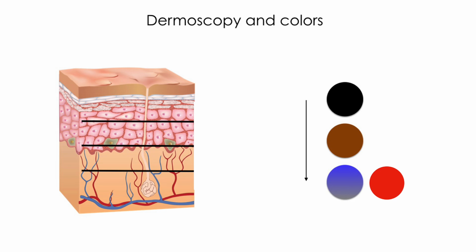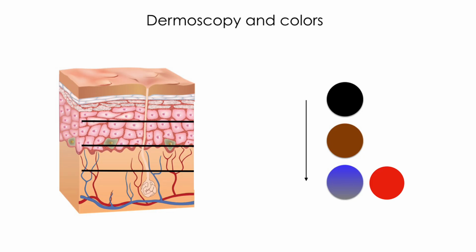So with dermoscopy, we were able to explore the skin with our dermatoscopes, and what we can see is an overall view of all the layers, right? But we know that, for instance, for the pigmentation, according to where it is located, we can see it in different colors. So when it is very superficial in the epidermis, we can see it as black.